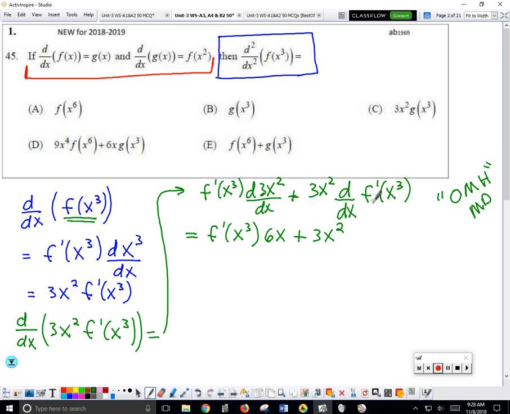What's the derivative of f prime? F double prime. Plug in the argument. Now you take the derivative of the argument. The chain rule is the easiest one because you've been using it all the time, so you're used to the pattern already. It's the same pattern. So, anybody else?